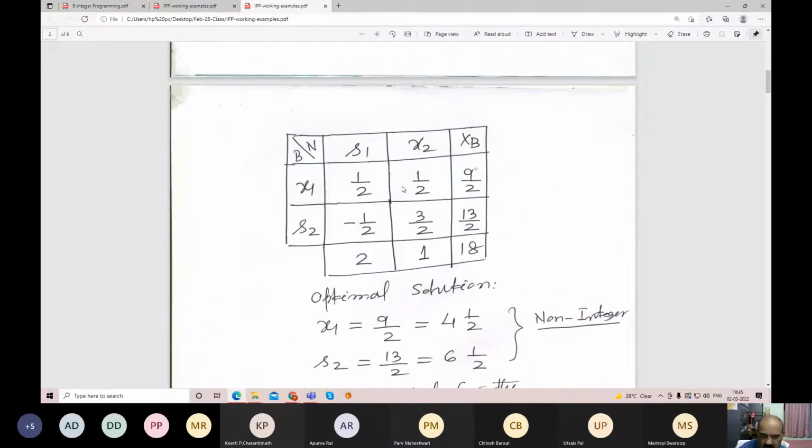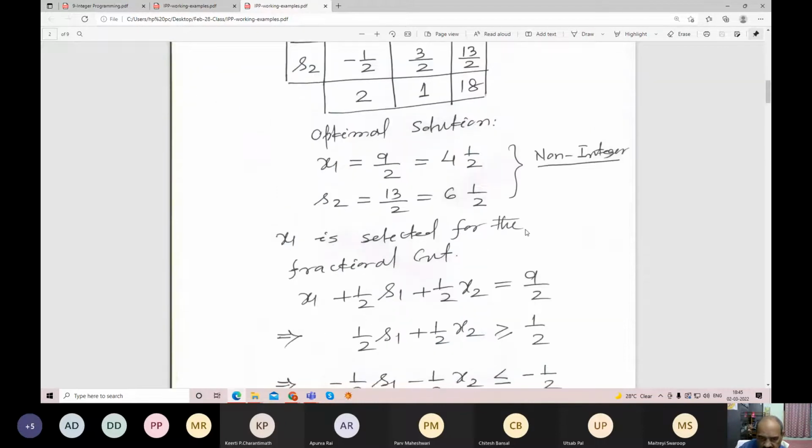So with respect to x1, we have here x1 plus half h1 plus half x2 equal to 9 by 2. So with respect to this, our cutting plane will be, you can see here, half h1 plus half x2 greater than or equal to half. And you can simplify also.